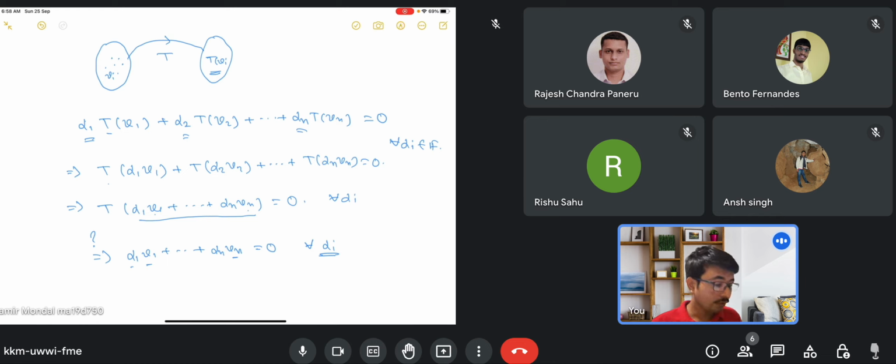But can we say this sentence from this one to this one? Does this equation imply this equation? This is my question.